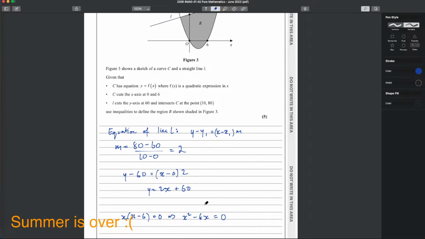So now we have the quadratic and we have the line. We can define the inequality.